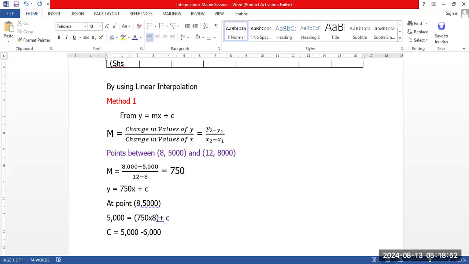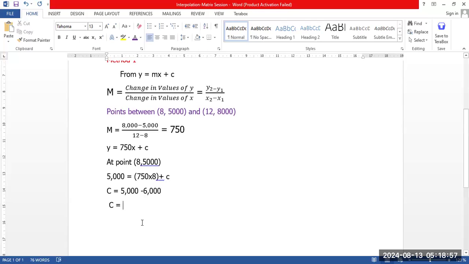So finally, our C is equal to negative 1,000. Perfect. So we have our C. When we substitute again in our formula, where we have C, we put negative 1,000. So it will be Y is equal to 750x minus 1,000.